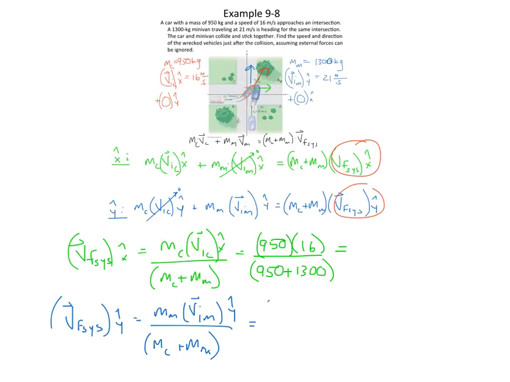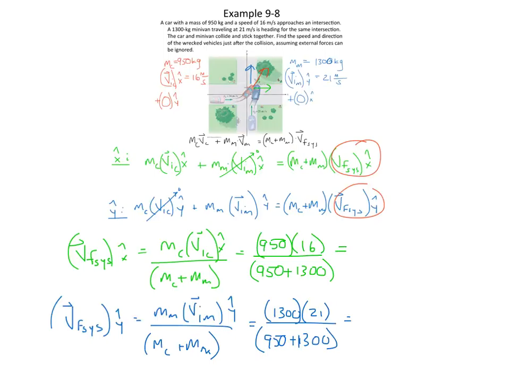Y is going to be, what's the mass of the minivan? 1,300, right? Times initial velocity of the minivan in the y direction, that's 21 meters per second, divided by the combined mass of them both, 950 plus 1,300. And that's going to give us our V final in the y direction.